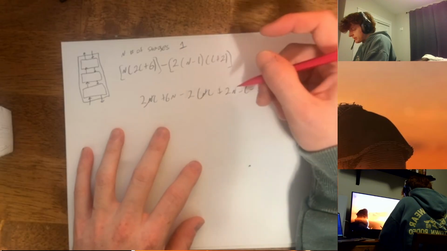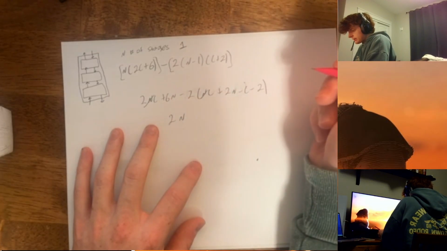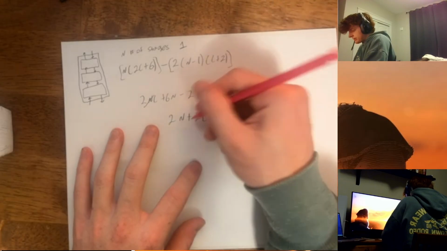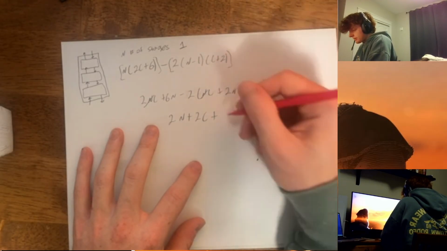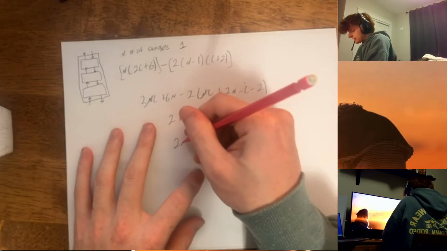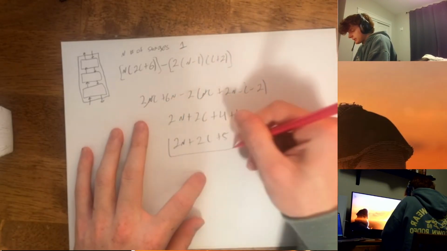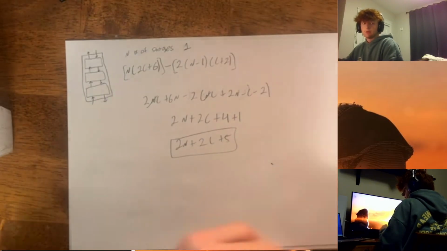And you're left with plus 6n minus 4n, so you have 2n, and then plus 2C, and then plus 4. And then plus 1 because we had added that, so you're left with 2n plus 2C plus 5. And this will be your degrees of freedom for whichever section you want.